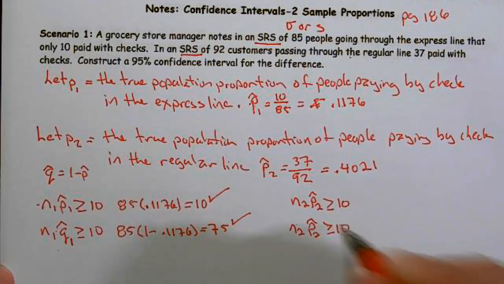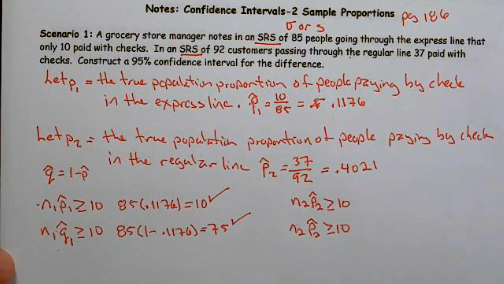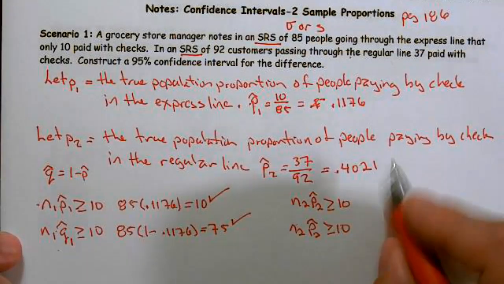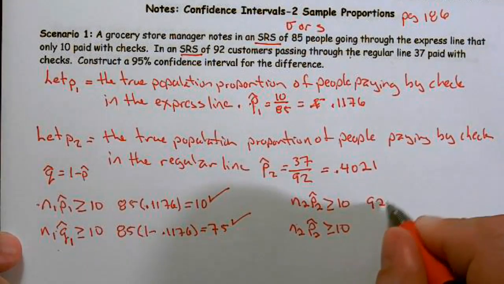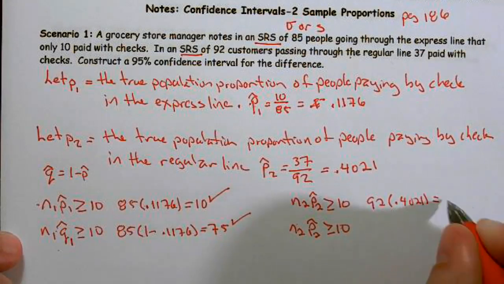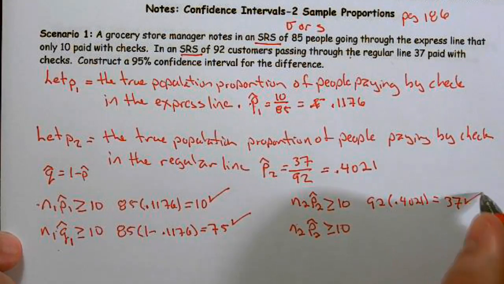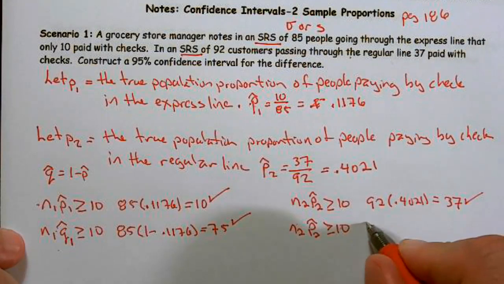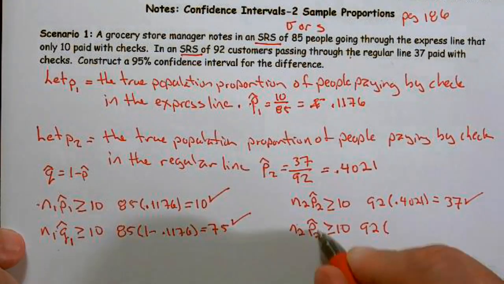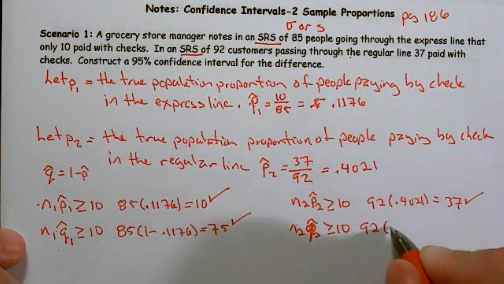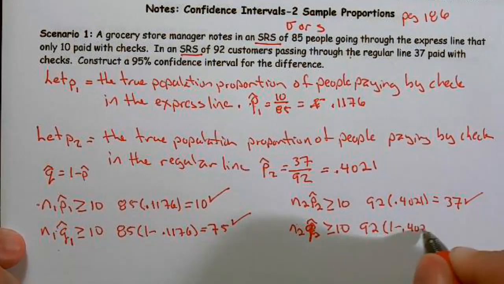That's fair. So n2 times p hat 2 also has to be greater than 10. And when I multiply, I'm going to end up with 92 times 0.4021 equals 37. We can check that off. That's greater than 10. And then we can go 92 times, oops, this should have been a q hat, 1 minus 0.4021.